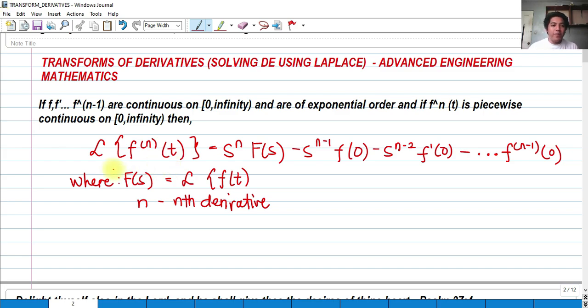So we have the Laplace of the f raised to n, where n is the nth derivative.